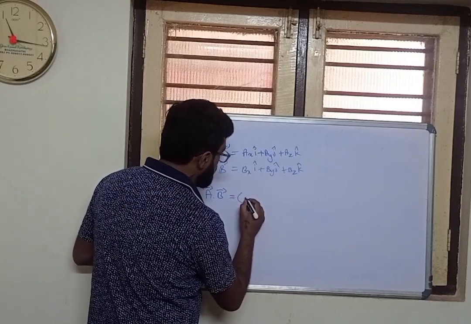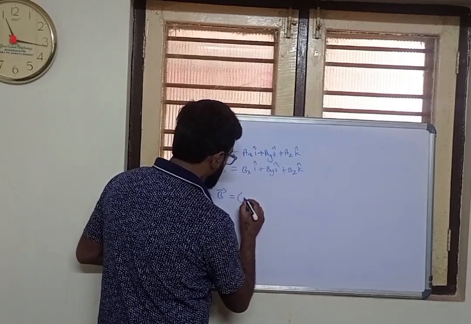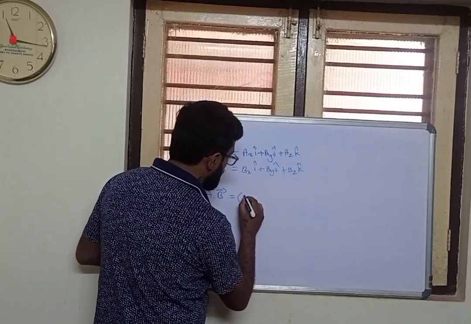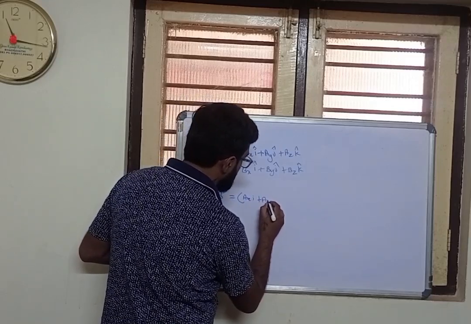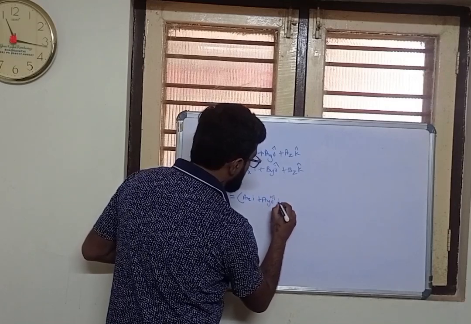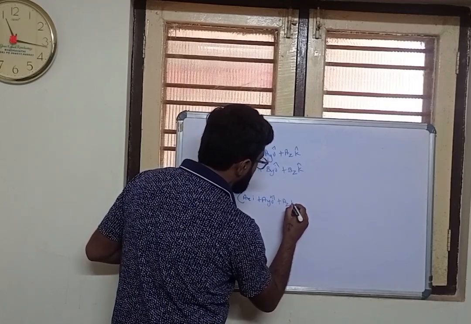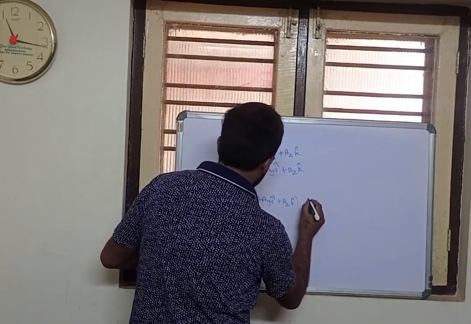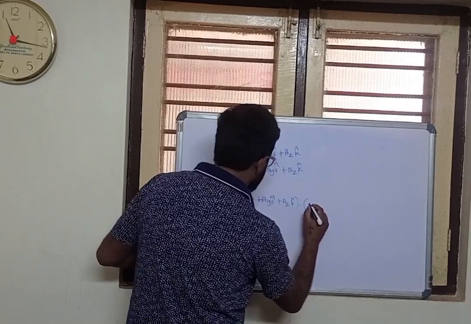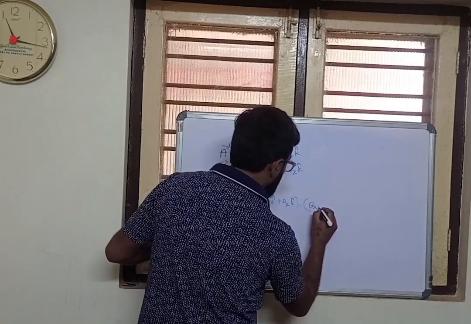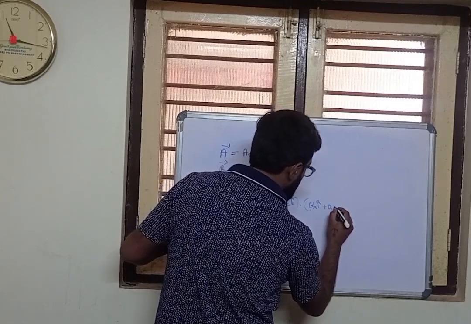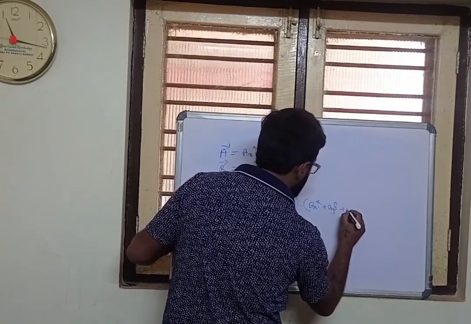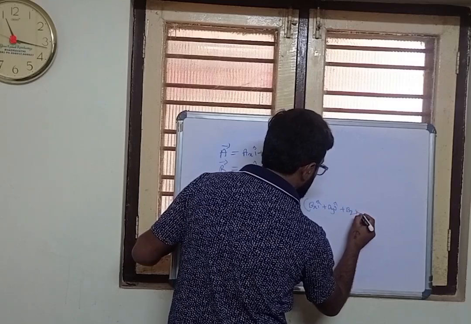We multiply vector A and vector B. We take a dot product: ax i plus ay j plus az k dot vector B, which is bx i plus by j plus bz k.